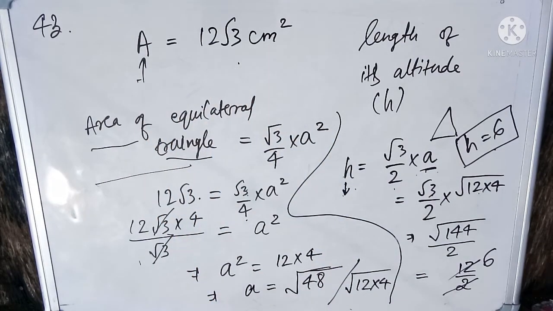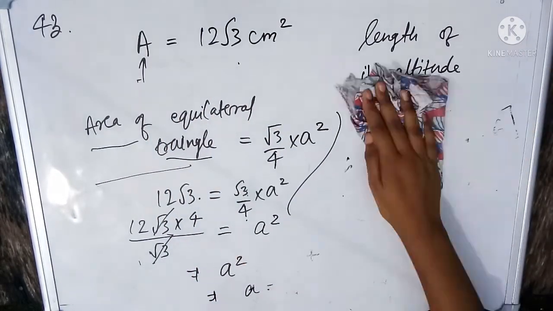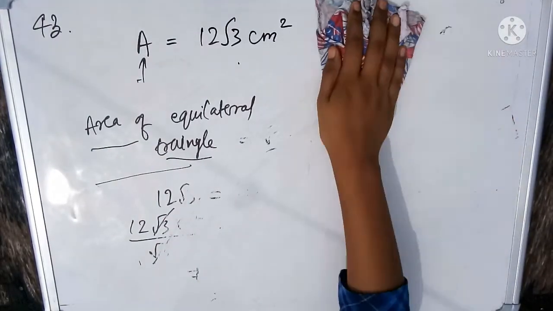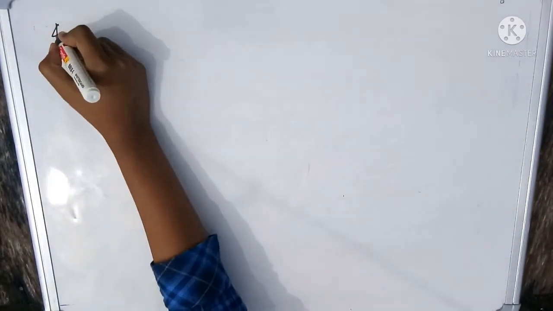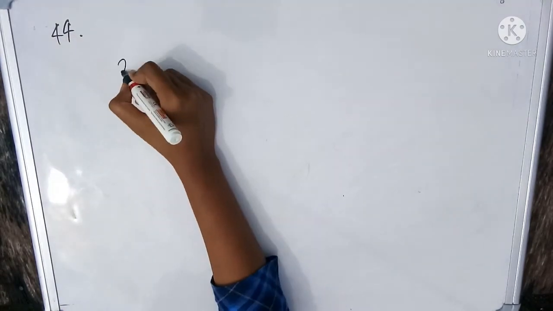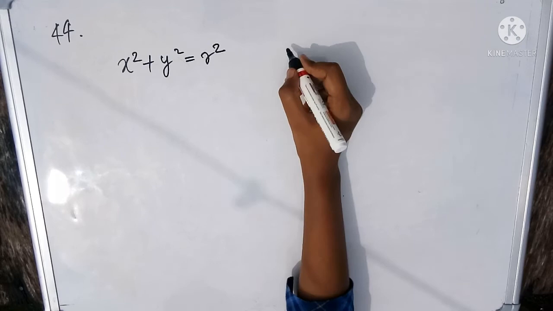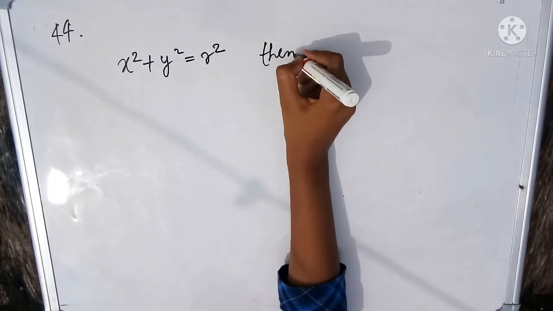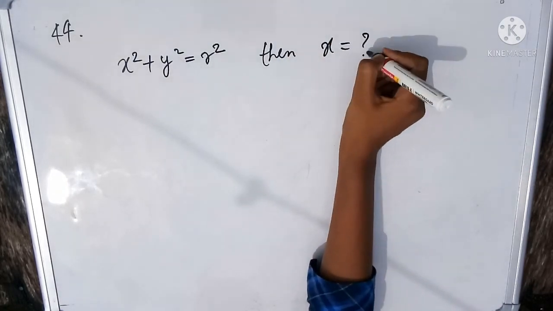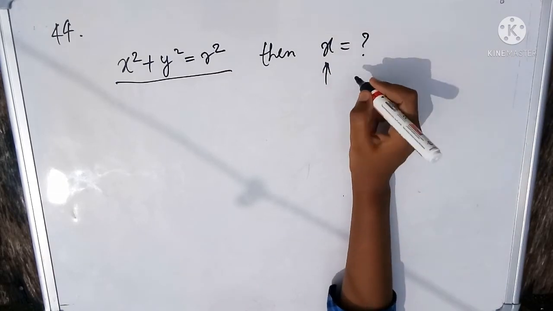Moving on to the next question. Question number 44. It says that here we have x square plus y square is equal to r square. Then we have to calculate the formula for x, or you can say we have to make x the subject.